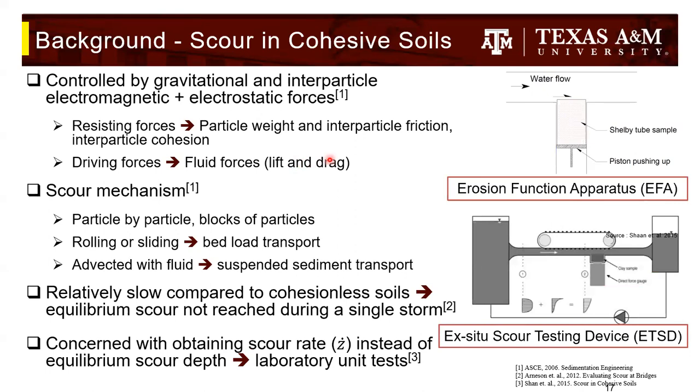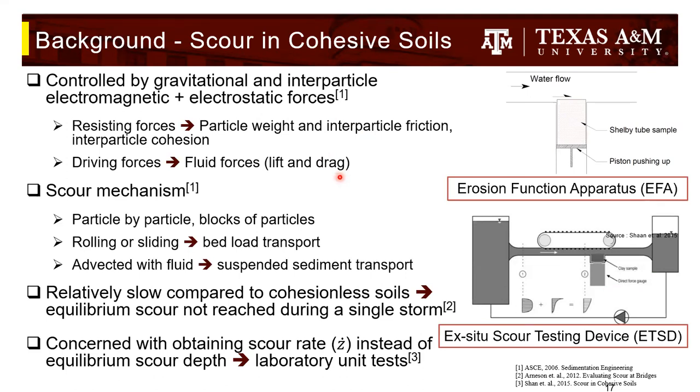The resistance force is generally developed by the gravitational force, because of the self-weight of the particle, as well as the interparticular cohesion, which is very micro scale, like electrostatic or electromagnetic forces. And again, the driving forces are from the fluid, which has two components, like we saw in the previous slide, both the lift as well as the drag.